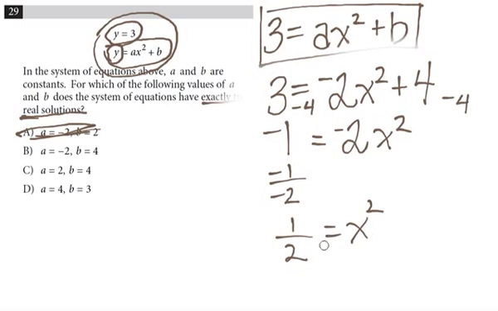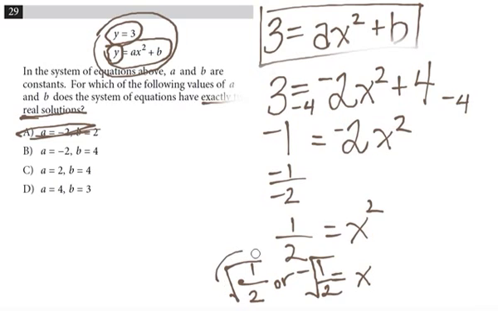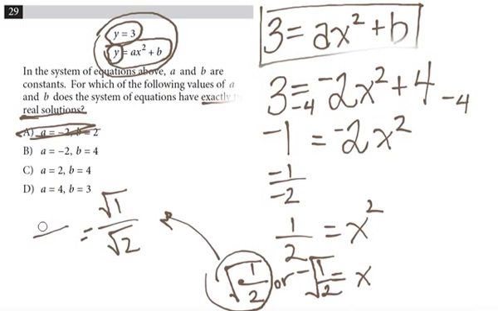What I'm going to get if I do that is x equals either 1 over the square root of 2, or the negative version of this. The square root of 1 is 1.